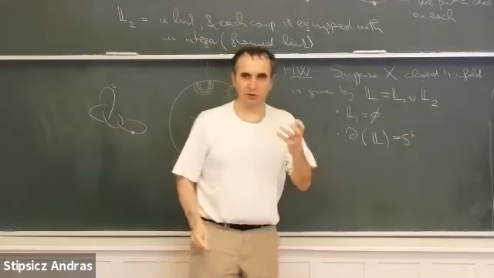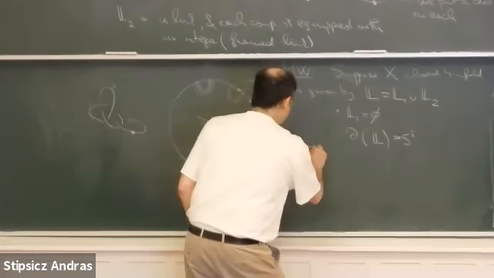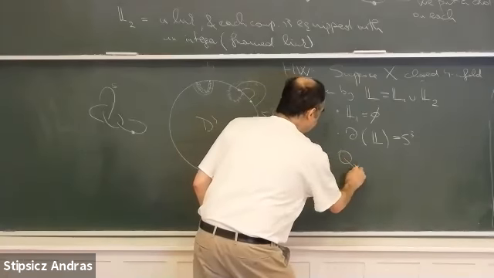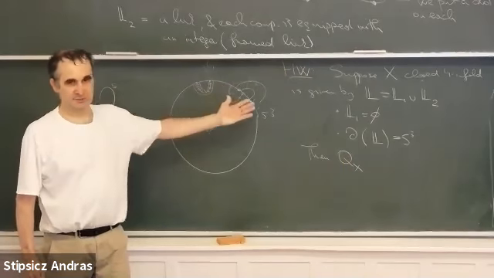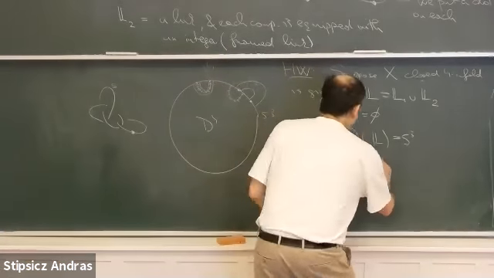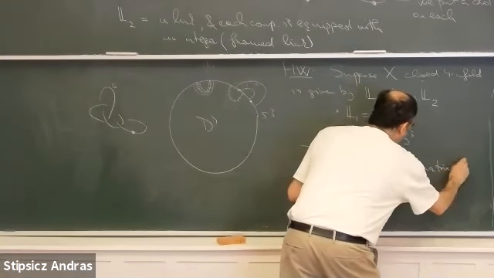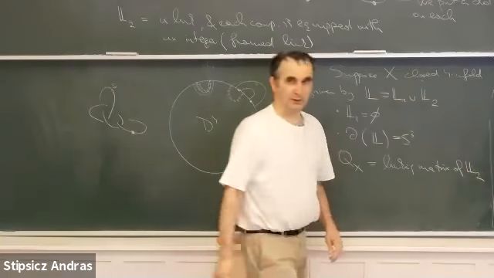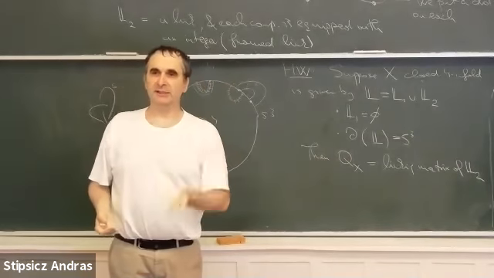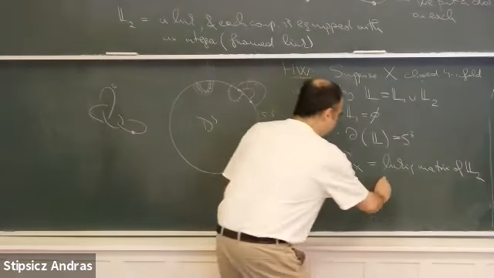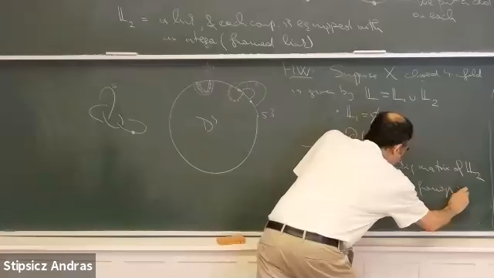So this is the zero-fold connected sum of S1 cross S2s. Then Q_X, this famous intersection form, can be easily read off from this picture, is just the linking matrix of L2, where different components link according to the linking number, and in the diagonal you put the framings.